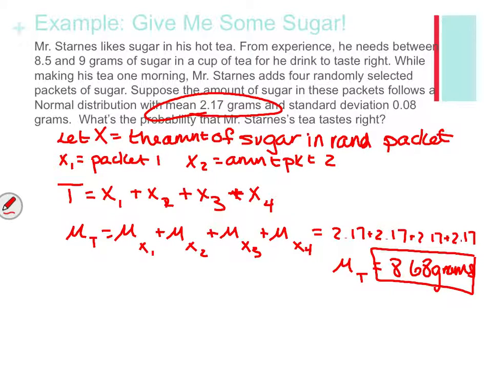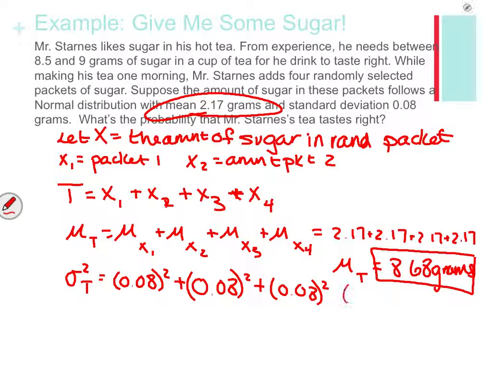Now let's talk about my standard deviation. I definitely need it, because I'm going to use my normal distribution to find the probability here. That's going to be found by your variances. The variance for each one of them is going to be 0.08 squared, because 0.08 is the standard deviation, and I have 4 of them. Obviously I could do 4 times this, but I am taking the long road.